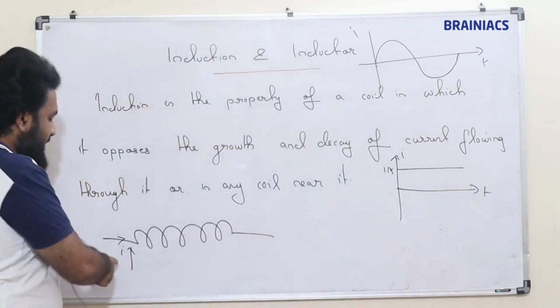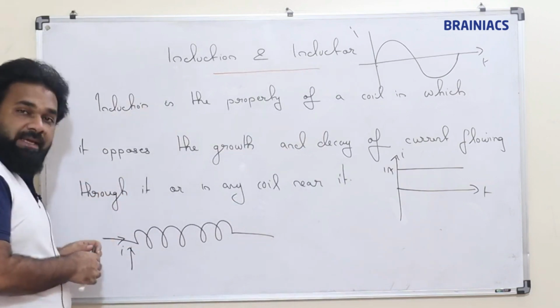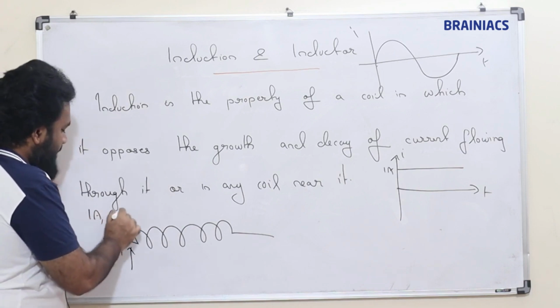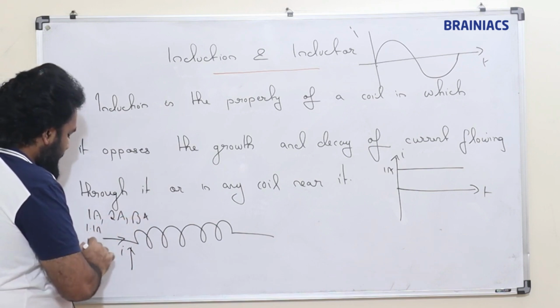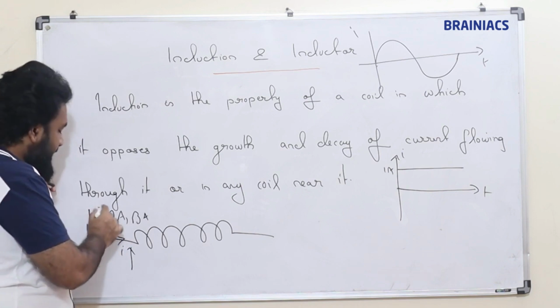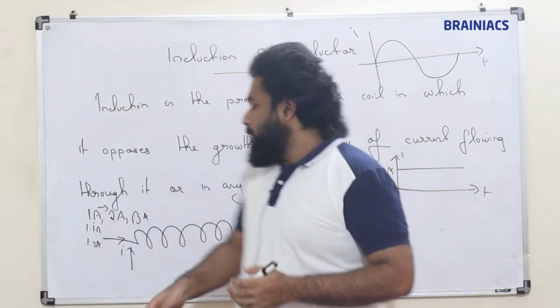Suppose you pass a varying current that is increasing, like 1 ampere, 2 ampere, 3 ampere. When it changes from 1 to 2 ampere, in between 1.1 and 1.2 ampere also come.